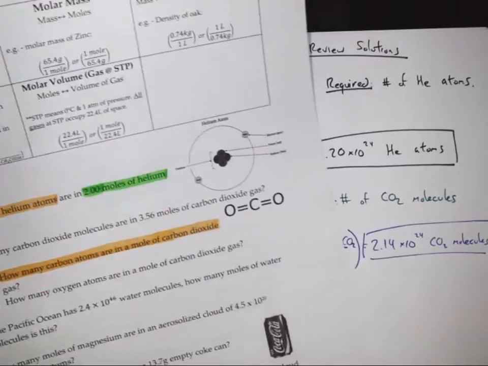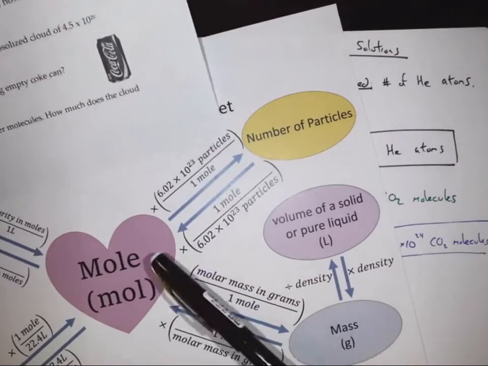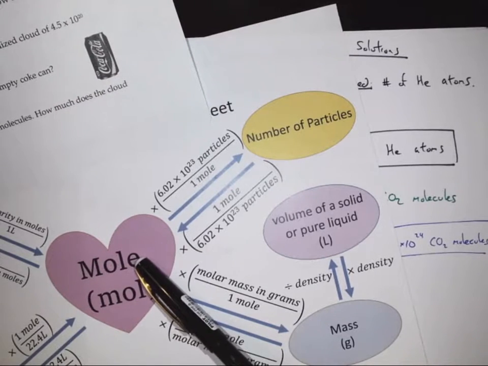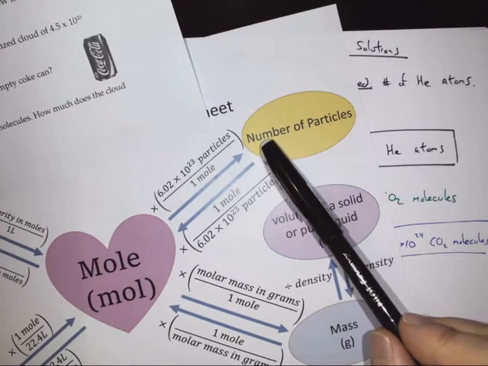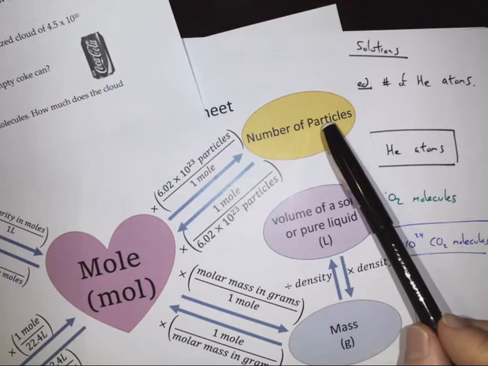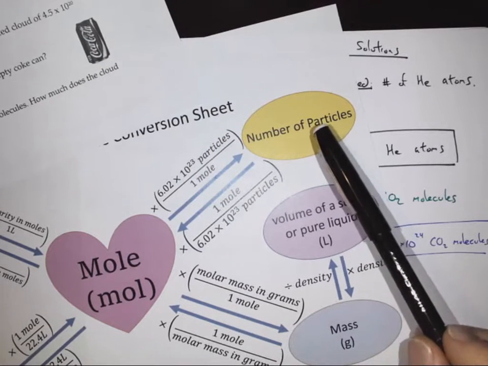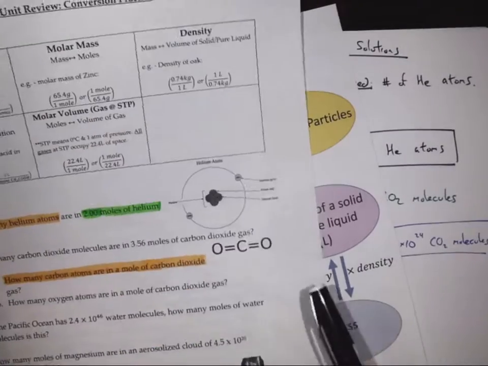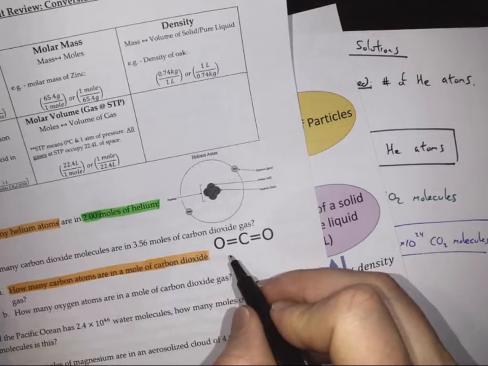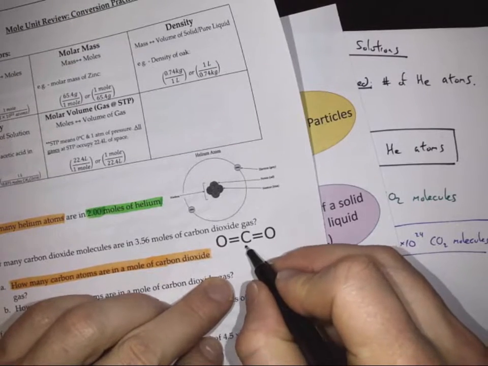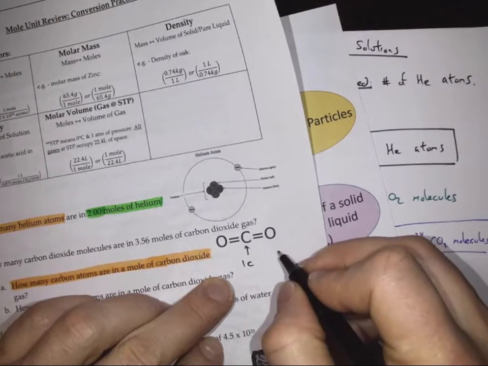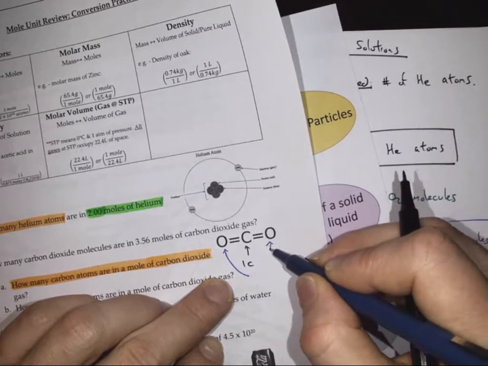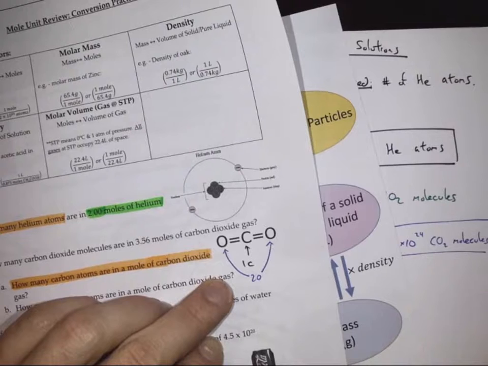Now, in a question like this, we have to recognize that if we're talking about a mole of carbon dioxide, which we are, this conversion factor will only tell us the number of carbon dioxide molecules we have. It won't tell us about the carbons or the oxygens directly. But we are given a diagram here. We can see that a carbon dioxide molecule has 1 carbon atom, but it has 2 oxygen atoms.